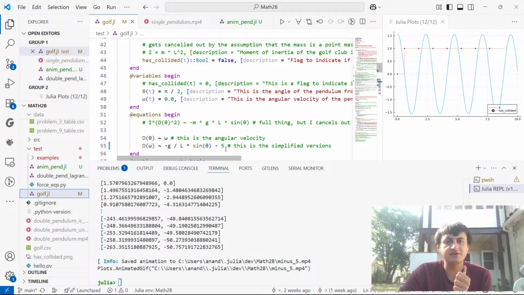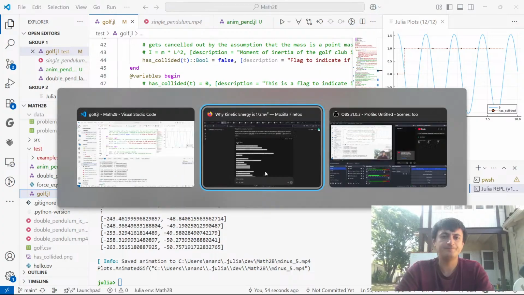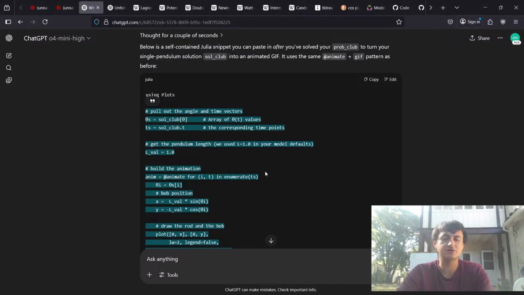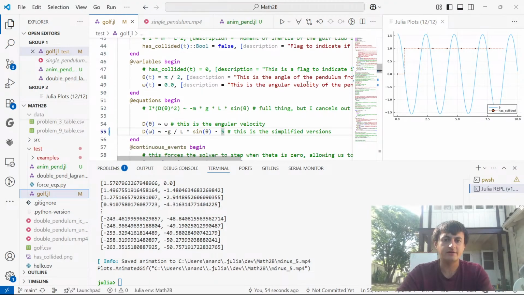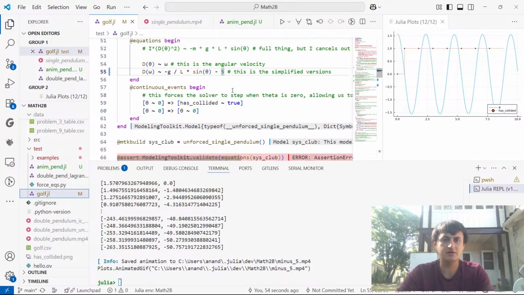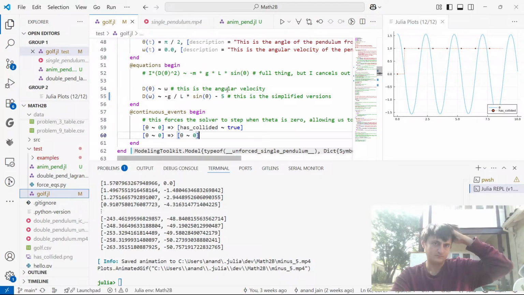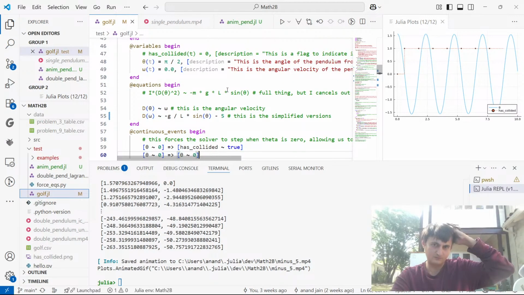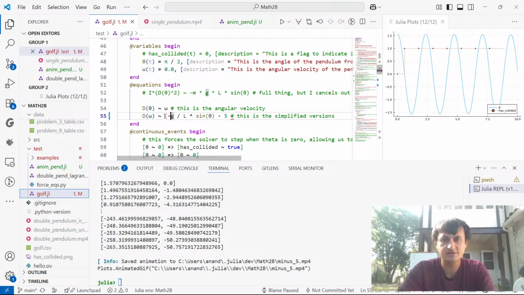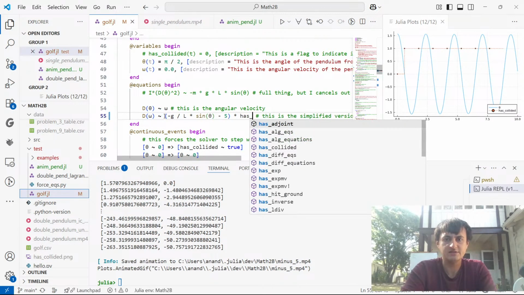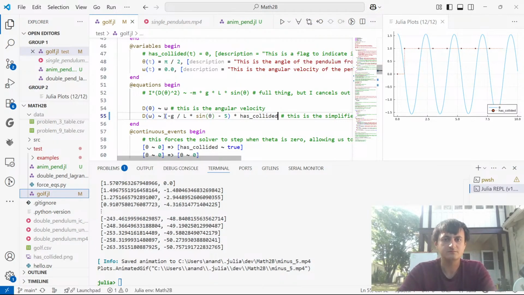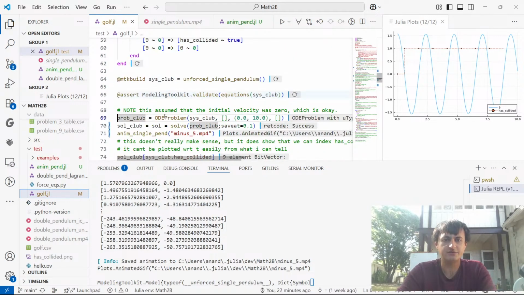But now what we want it to do is like a sigmoid. So because we need it now, because like at, because presumably what we want to do is we want to do this times has collided. So now let's try to do it again.